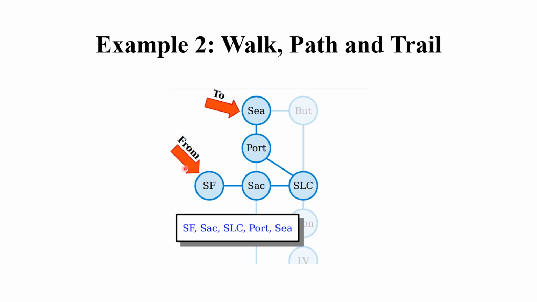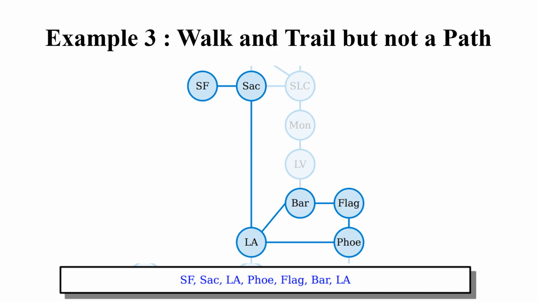Now there is another way to go from San Francisco to Seattle. You go from San Francisco to Sacramento, then to Salt Lake City, to Portland, and then to Seattle. It's a walk because all the nodes in this sequence are adjacent to each other. It's a trail because edges are not getting repeated, and it's a path because no nodes are getting repeated.